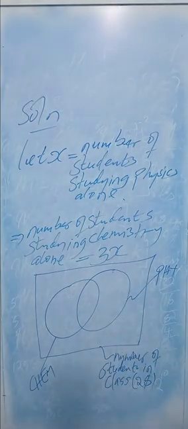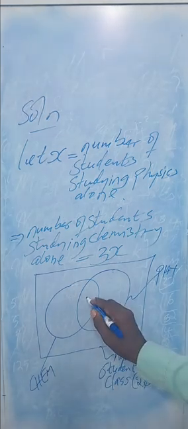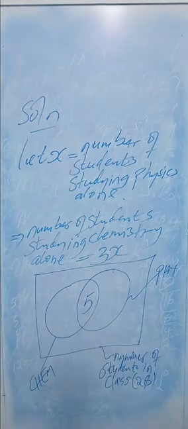Now let's fill in the information according to the question. 5 study both. When you deal with a Venn diagram, you are advised to always start with the intersection part. So we have 5 study both subjects, physics and chemistry. So let's put our 5 here at the intersection part.